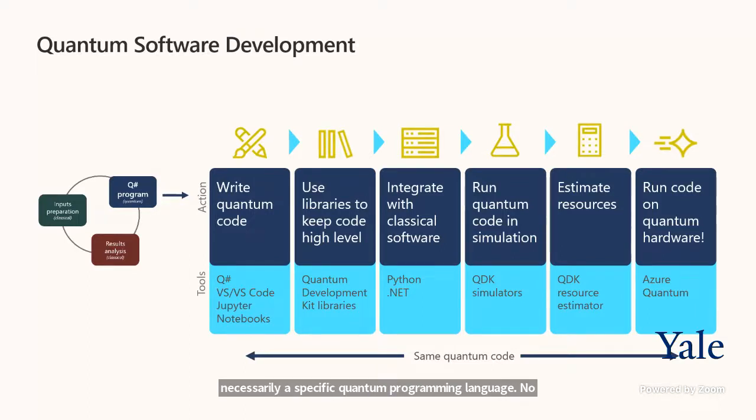Now, next, your quantum programming language is going to come with libraries. The logic in this step is very similar to what you do with classical software development, actually. These days, very few people write code in assembly or assembly-like languages. We all want to write high-level code. When we add up two numbers, for example, we don't want to think about how our CPU stores them. Are they little endian or big endian? How are negative numbers stored?